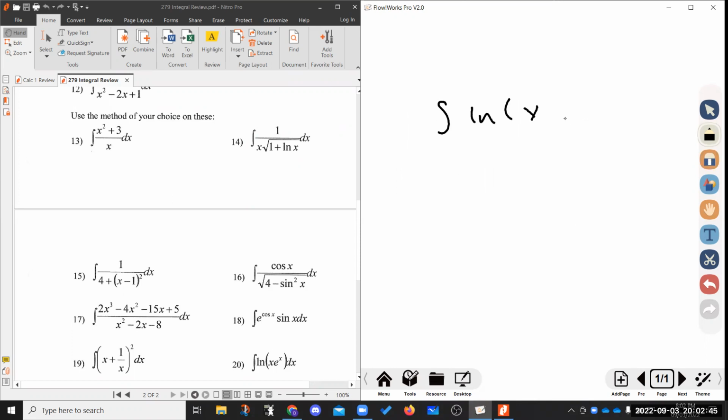Integral of ln of x e to the x dx. So let's make this ln of x plus x, because when we have multiplication on the inside of the logs, that changes to addition of logs.